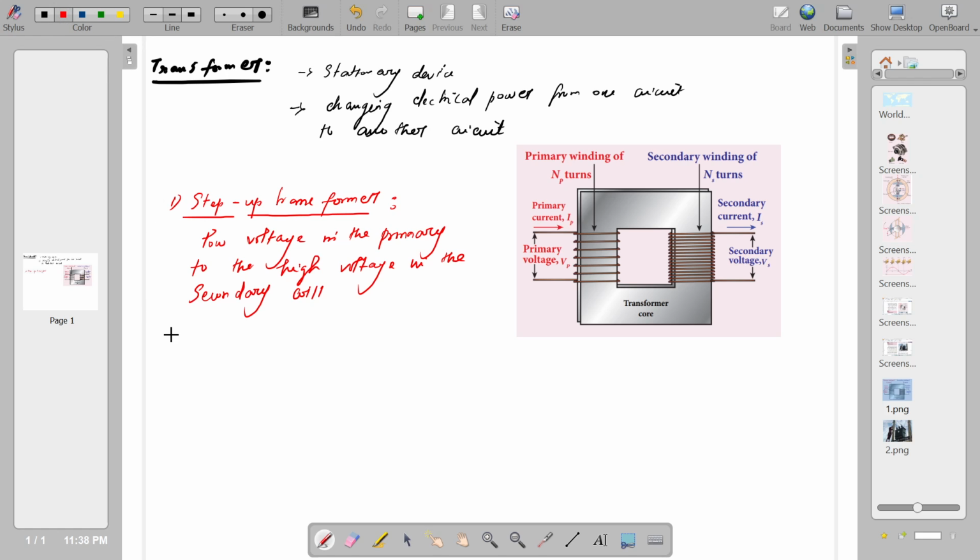The next type is the step down transformer.